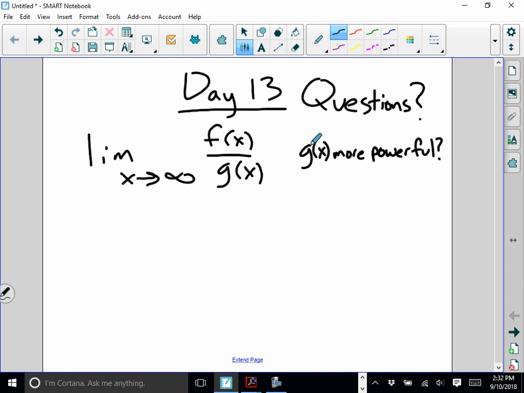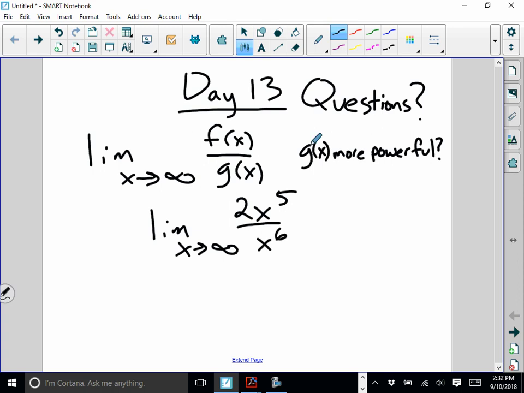So what happens then if g of x is a more powerful function? For example, this. So think about this.